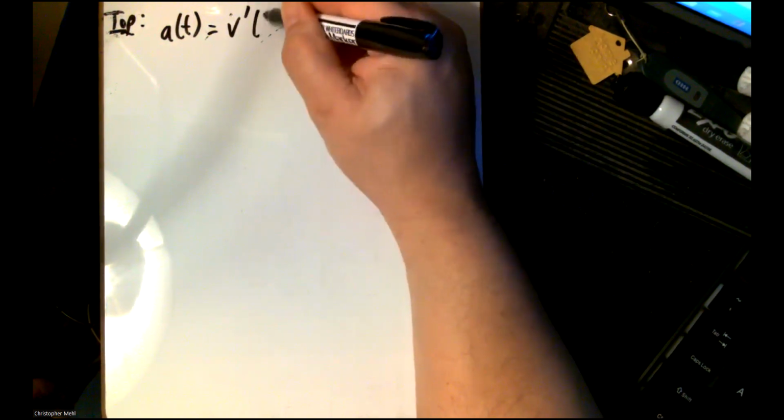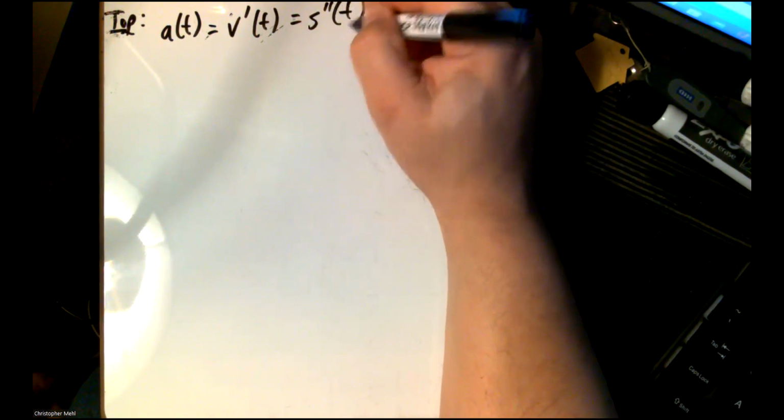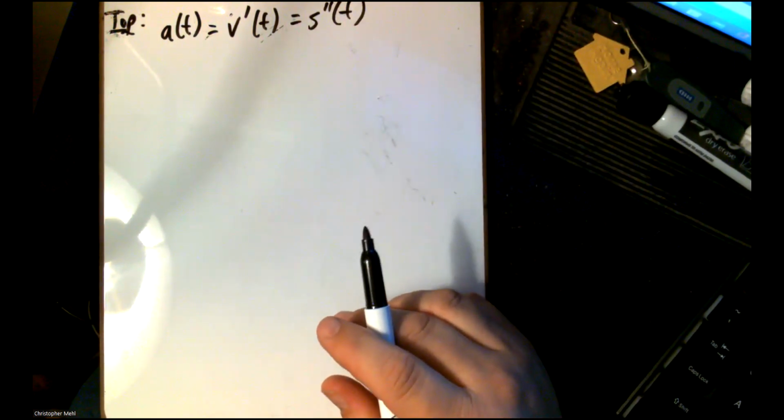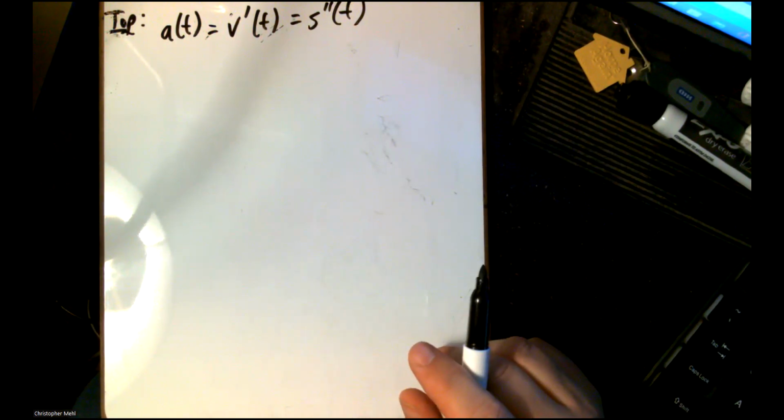Now, if you recall from some previous chapters, the acceleration of an object was the derivative of its velocity function. And so that is just the second derivative of the position function. The relationship between velocity and acceleration is the same as the relationship between position and velocity.